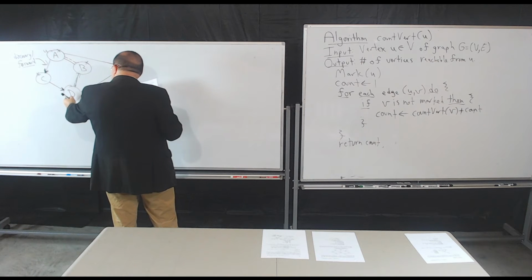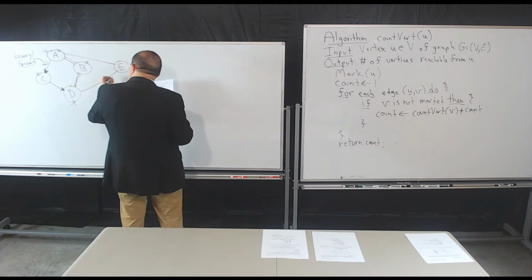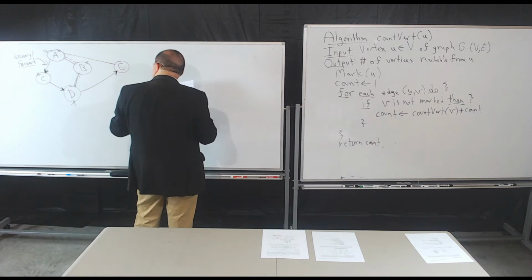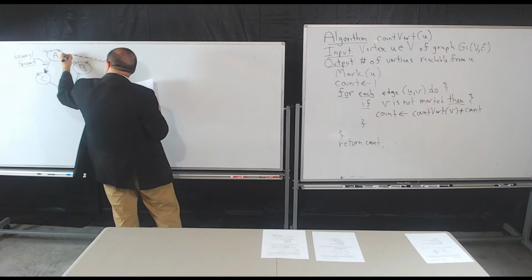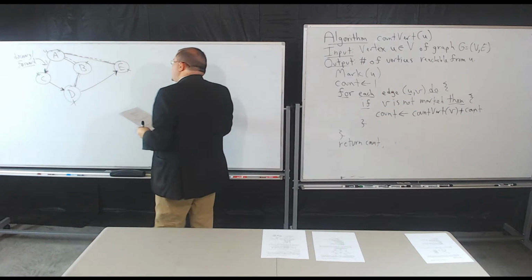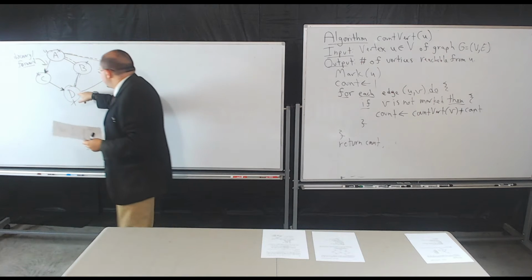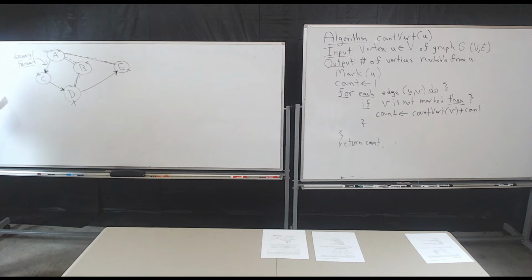Then I go to my next incident edge, which is this one. And so that is a forward edge or discovery edge. I mark this. And notice my only one is just this one, which will end up being a back edge. So notice this is done, then that's done, then this is done, this is done. So I end up with this.